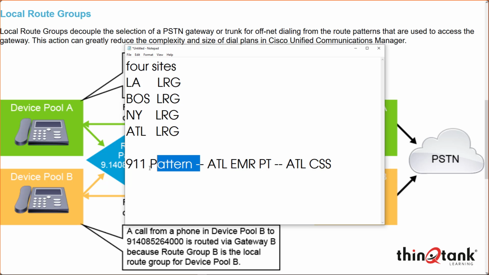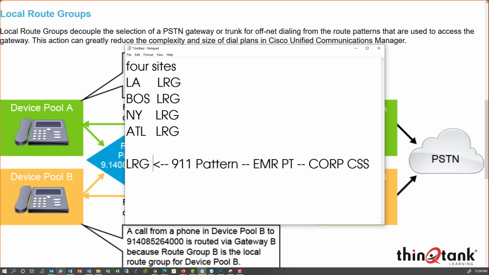So rather than having the 911 pattern point to a specific gateway, I can say, let me just create one emergency partition and one corporate CSS, and then the pattern points to the local route group. So based on your location, based on the device's device pool, will determine what gateway that call is going to go to. But I only have to create the pattern one time.